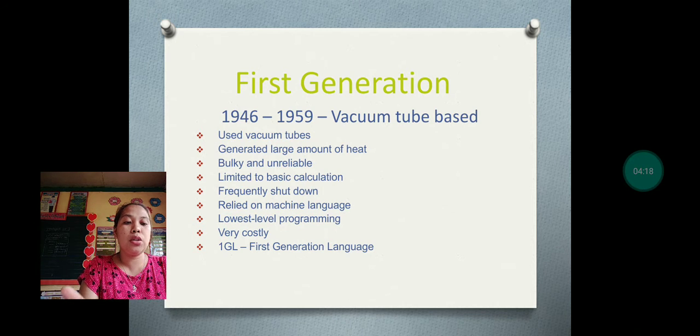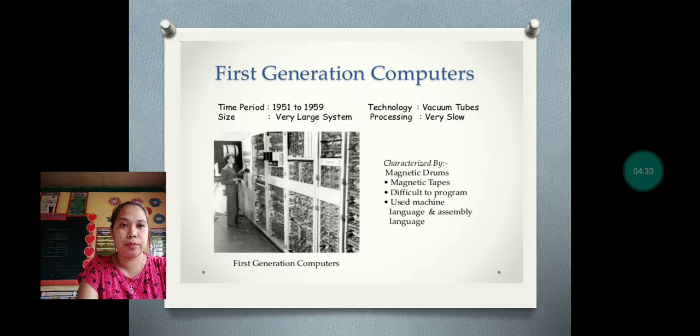So as to continue the development of computers as well as the technology, we came up with the second generation, what we call the transition computer. So this is the first generation of computer, so very big, bulky, and needs a very big space.